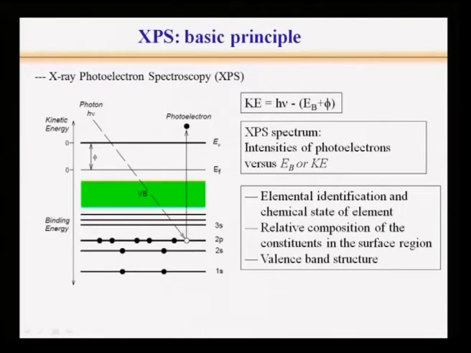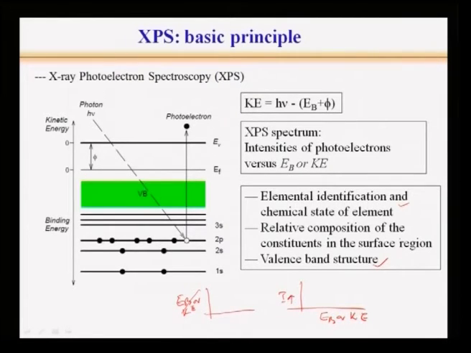An XPS spectrum is basically nothing but the intensity of photoelectrons versus Eb or Ke. We can plot Eb or Ke versus intensity. This is what is plotted, as I have shown you. It allows us to identify elements, determine the chemical state of the element, the relative composition of the constituents, and also the valence band structure.